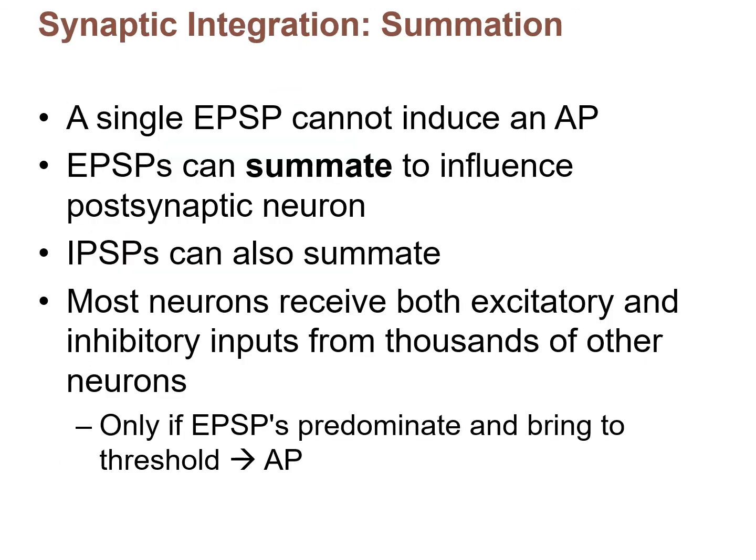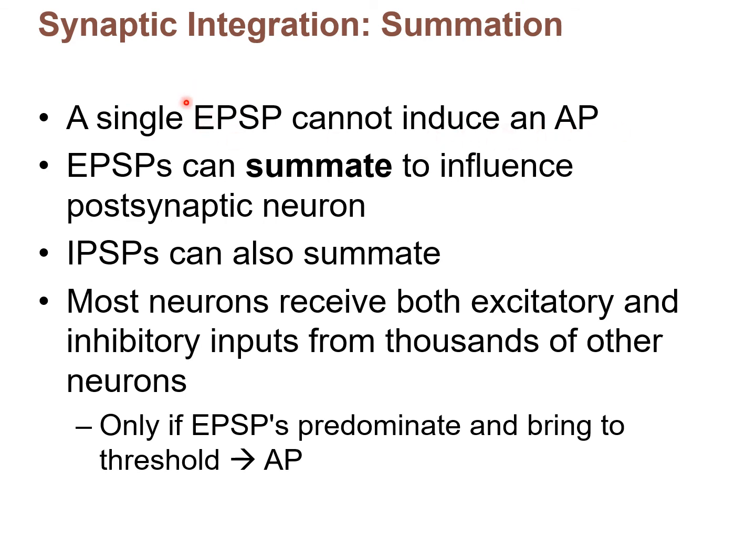What we're going to see on the next few slides is a concept called summation. Here's an important point that we have yet to bring up: one single EPSP, which is an excitatory graded potential, has no chance of producing an action potential.